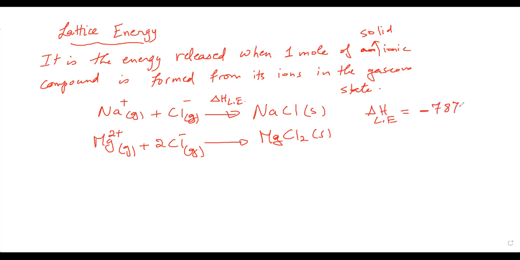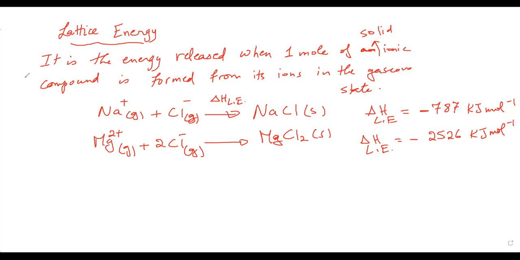Of course, we do not have to memorize these values, but I give them to you to show the difference between the energy released when sodium chloride is formed and when magnesium chloride is formed. The amount of energy released is equal to minus 2,526 kilojoules per mole. So the amount of energy released depends on the ionic compound that is formed.